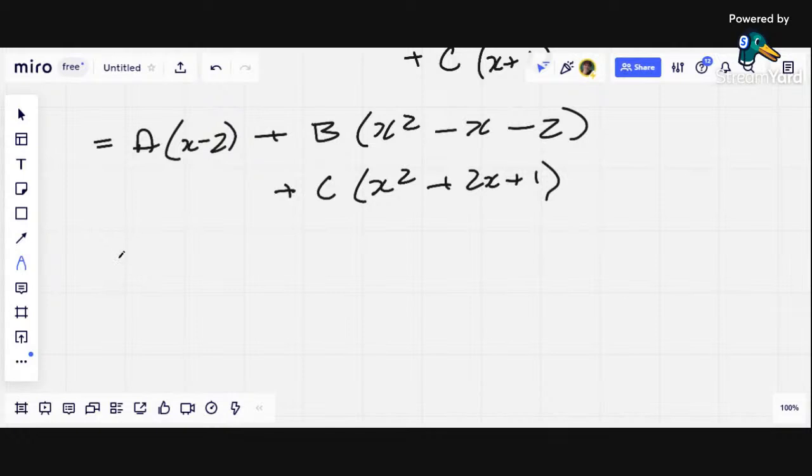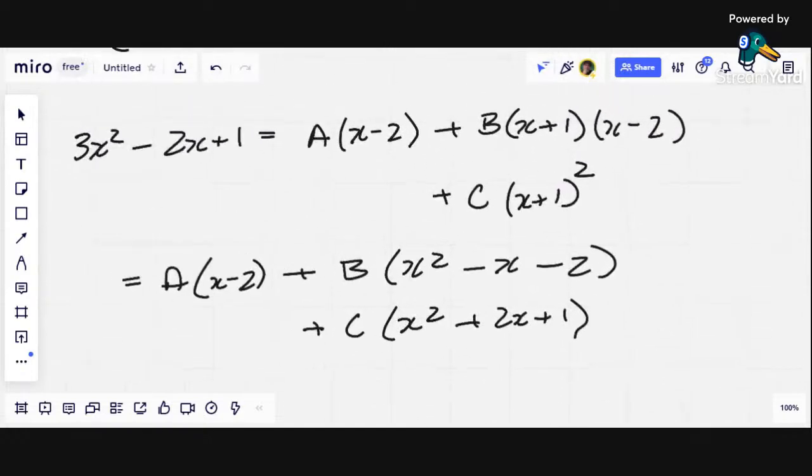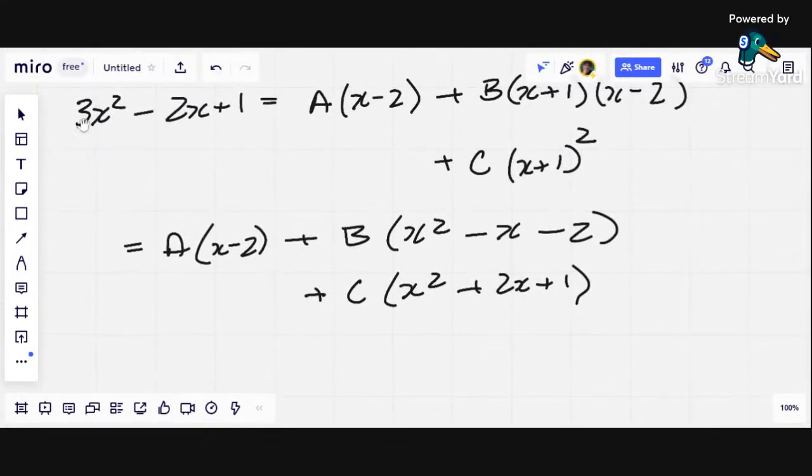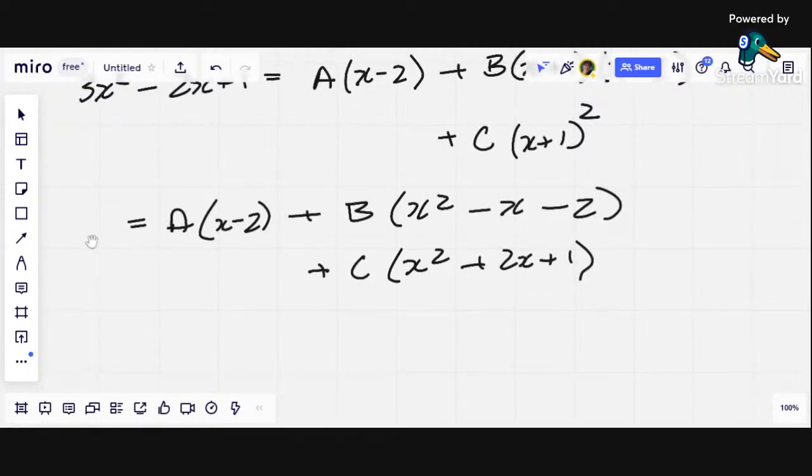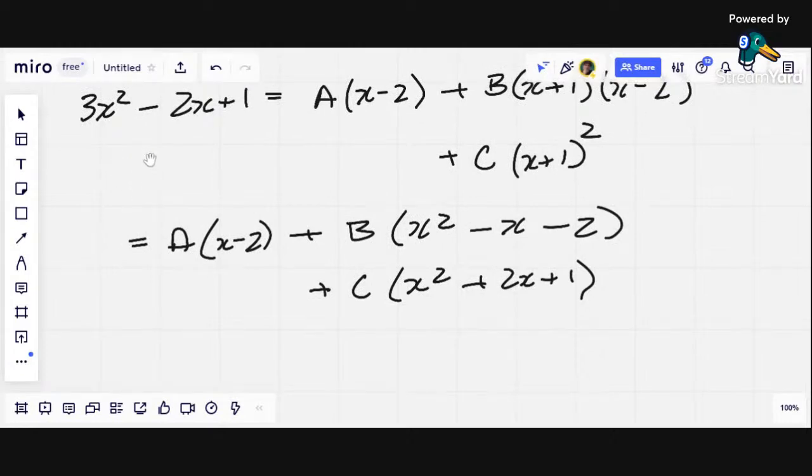what do we need to work out here? We need to work out some sort of equation for A, B, and C. So let's go back up here because we really want to be able to see this. 3x squared minus 2x plus 1. So first of all, let's find out an expression for that 3. The 3 is going to be whatever coefficients we have for x squared. And the good news is we don't need to multiply all this out. Let's just look.